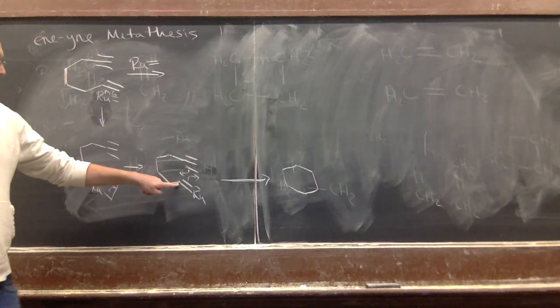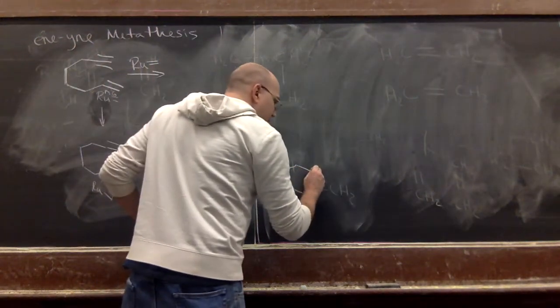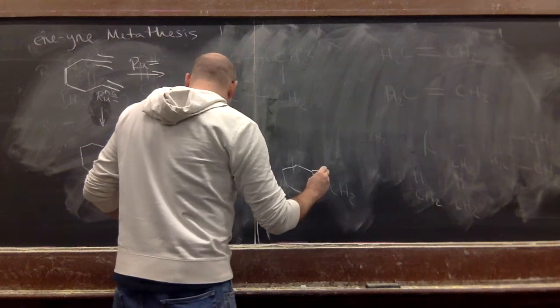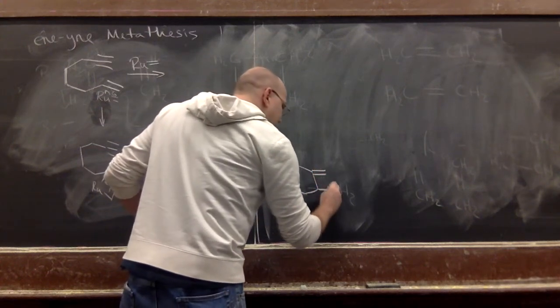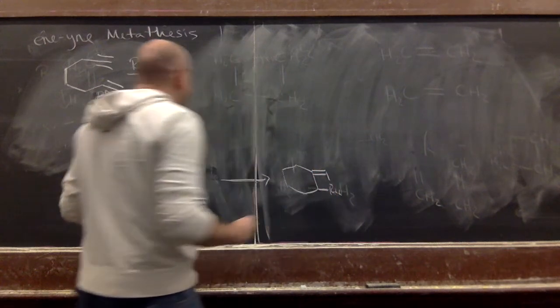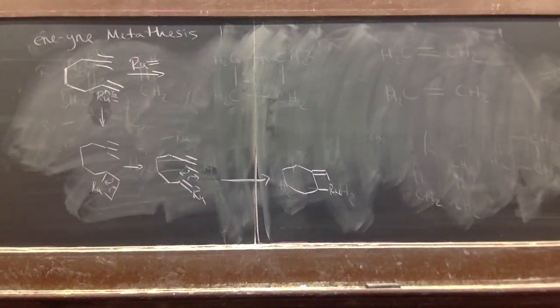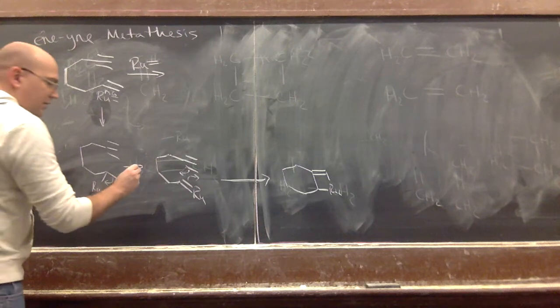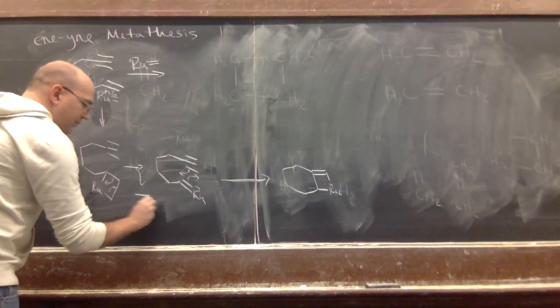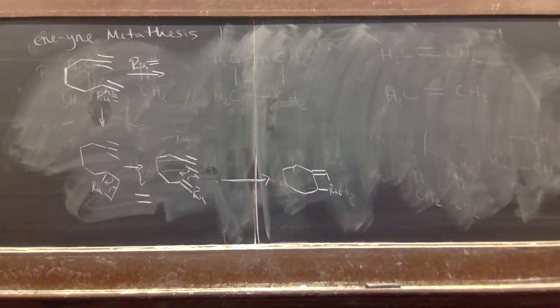It's going to be a six-membered ring. All right, and in this process, what did we lose? We lost ethylene gas, which we'll have re-enter a little bit later on. Okay? Now what can happen? Just keep pushing the electrons this way.